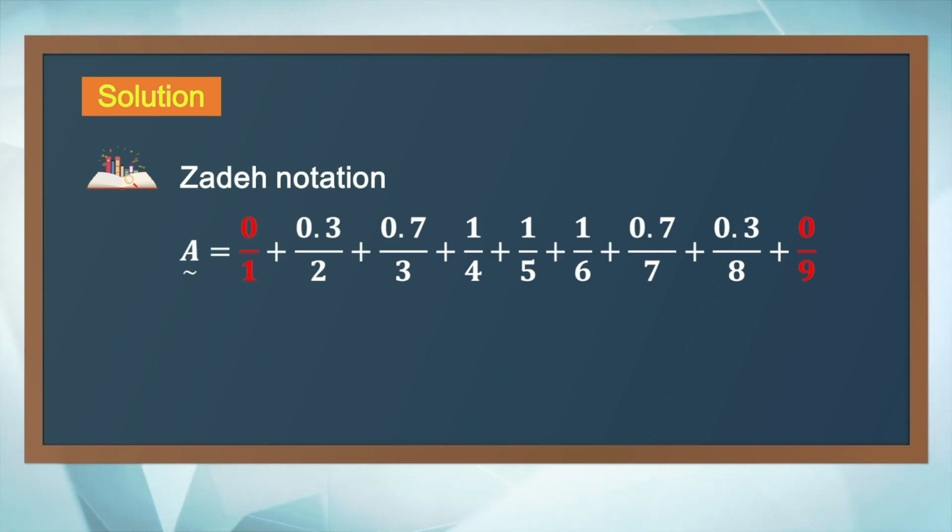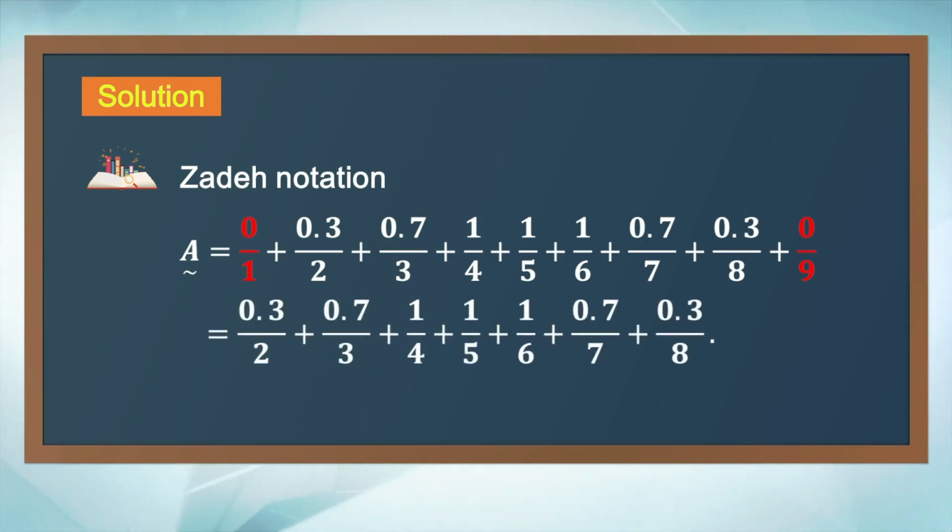As the degree of membership of 1 is 0, and the degree of membership of 9 is also 0, the first term and the last term on the right could be omitted.